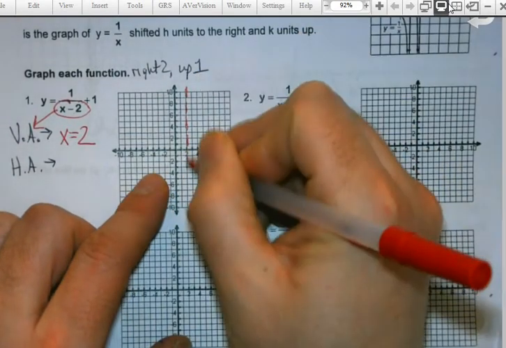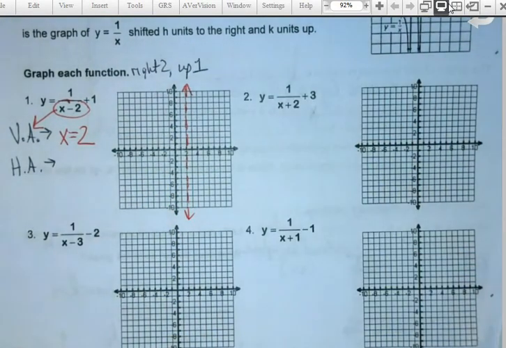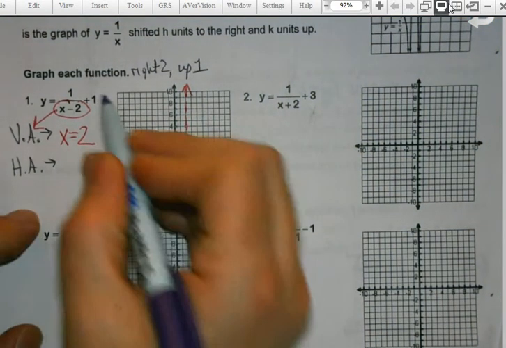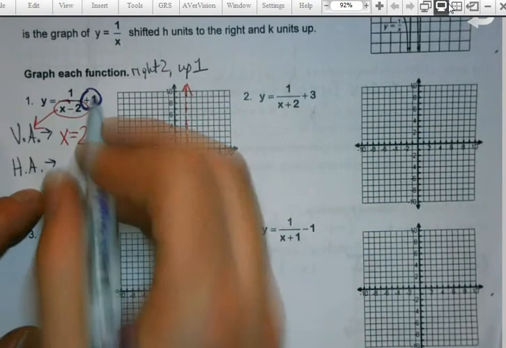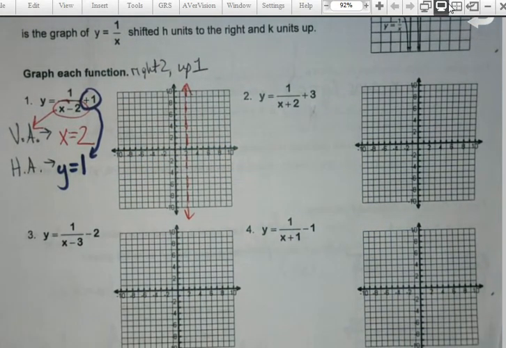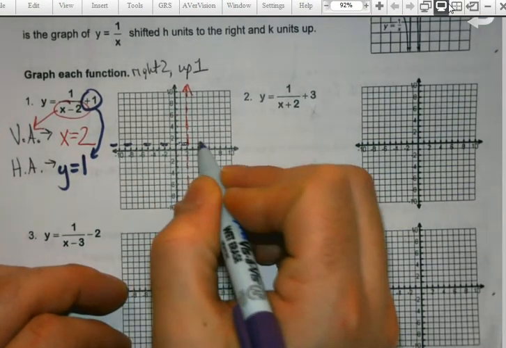And I'm going to draw that in right away. So then I look at the horizontal. Yes, the horizontal directly correlates to this number on the end. So if it shifts up 1, it's y equals 1. Get that dotted in there.